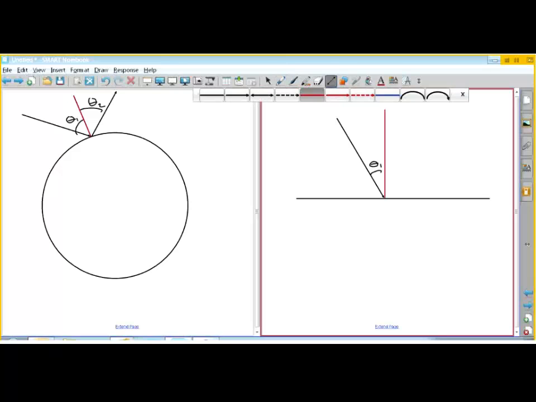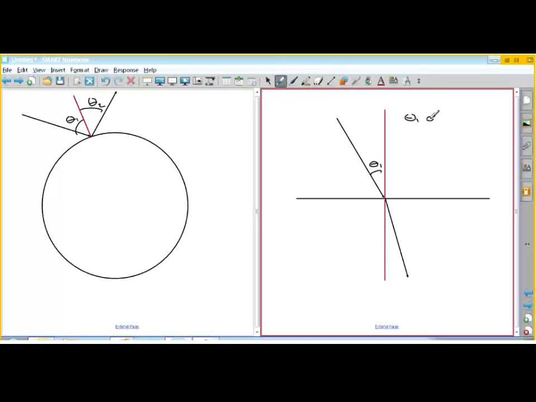Now, depending upon the properties of the two materials, there are going to be two different materials here. This might be air, and this might be glass. This might be air, that might be water. It doesn't really matter in terms of drawing this. It does matter in terms of which way this thing bends. Again, theta 1 is the angle of incidence, and we'll call this theta 2.